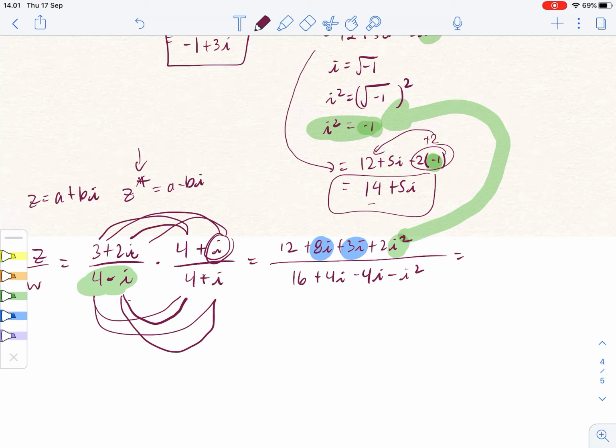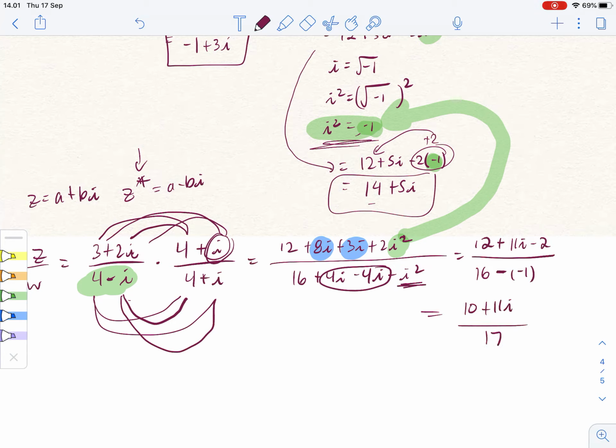So if I were to simplify this top, I get 12 plus 11i, and 2i squared is actually equal to minus 2, because i squared is equal to negative 1. Downstairs, these two go to 0, and I'm left with 16. Remember, this is a negative, and then i squared is equal to negative 1, so it's minus a negative 1. So, total simplification is 10 plus 11i over 17.